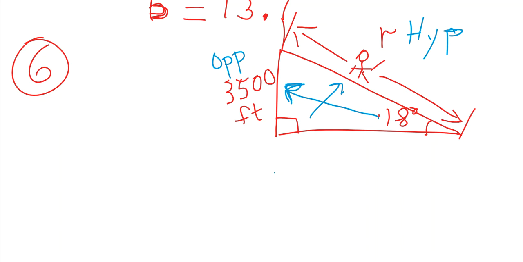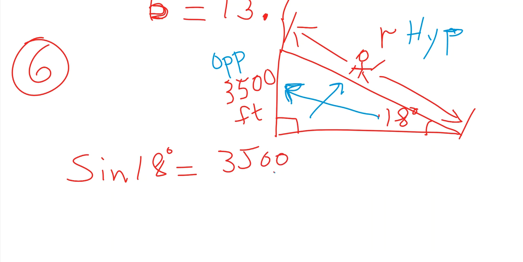SOHCAHTOA. Sine equals opposite over hypotenuse. So here we go. Sine of 18 degrees is equal to opposite 3,500 divided by hypotenuse R. Oh boy, how are we going to solve this for R?